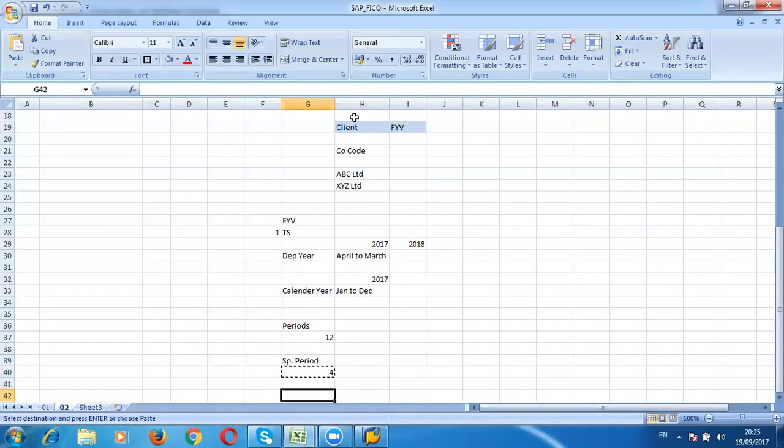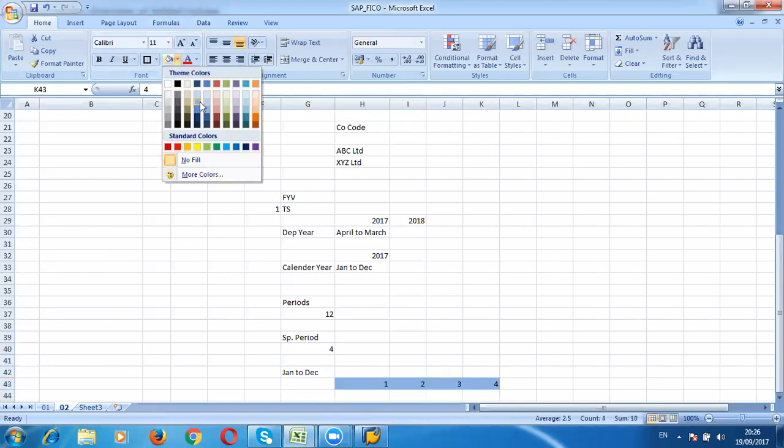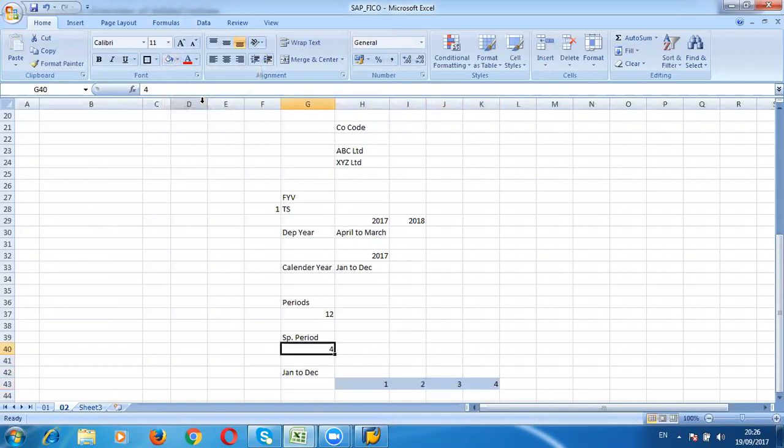Suppose your fiscal year is January to December. By the end of the 31st of December, you cannot complete or finalize your books of accounts, so you need some time. The system gives you 4 months, and in those 4 months, using a special period, you can post entries in backdate. That is called the special period.